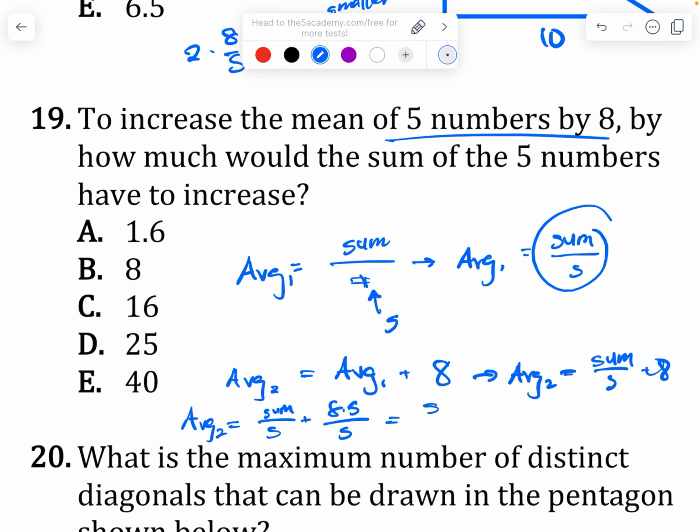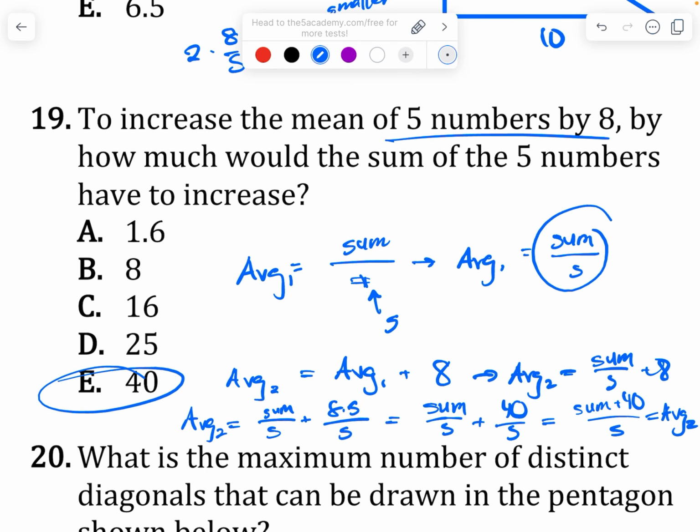This equals sum over 5 plus 40 over 5. Sorry, that's not equal, that's a plus. That's equal to sum plus 40 over 5. So I need to add 40 in order to get from average 1 to average 2. Again, this is all equal to average 2. That'll increase my average by 8 if I add 40.